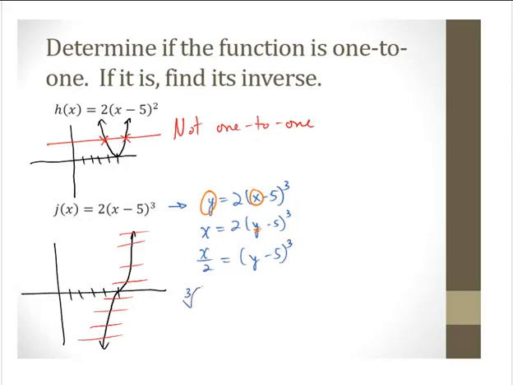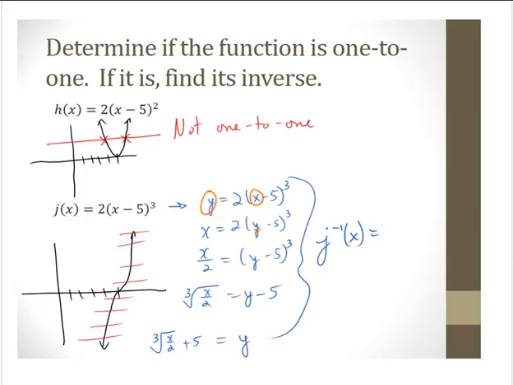The cube root of x over 2 is equal to y minus 5. And I'll add 5 to both sides, and y is equal to the cube root of x over 2, plus 5. Writing this in inverse function notation, j inverse of x is the cube root of x over 2, plus 5.